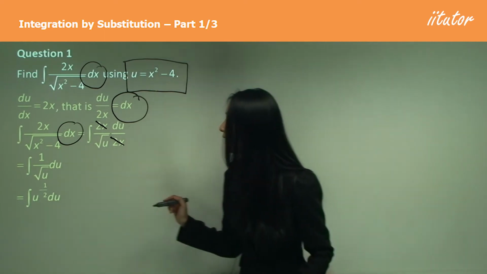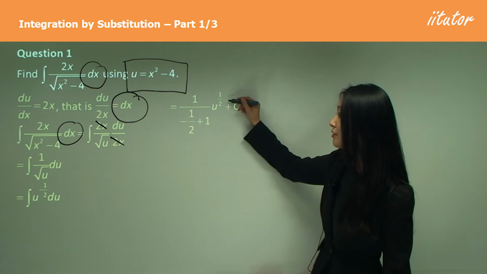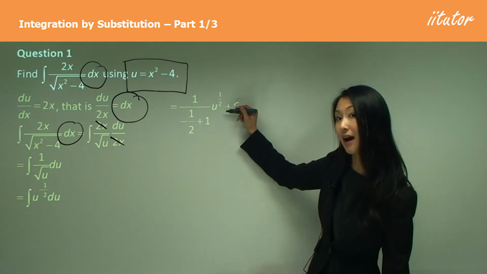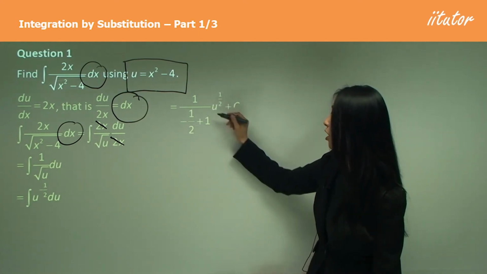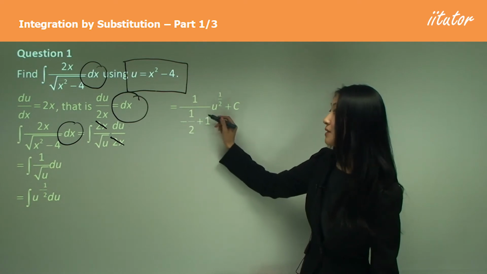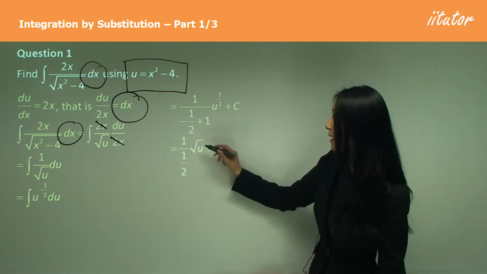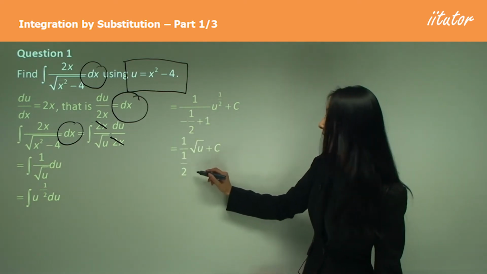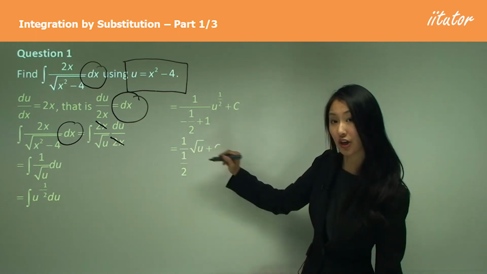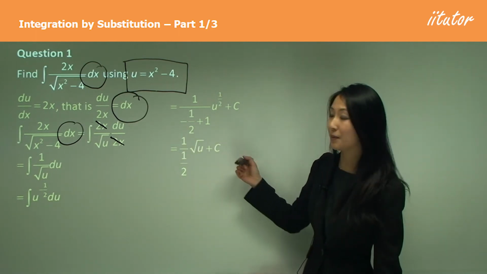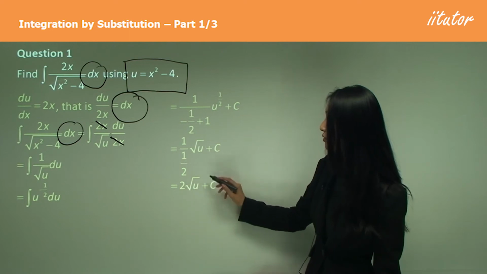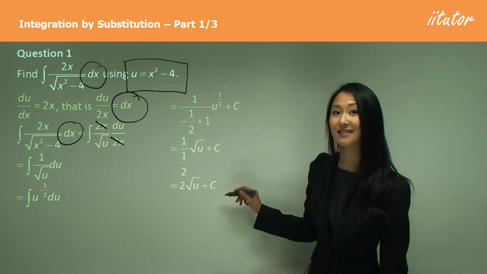And to integrate that, add 1 to my index, so that becomes 1/2, and add 1 to the index, which is just 1/2 as well. So that becomes 1 on 1/2, and the 2 just goes up to the top. So 2 times 1 is just 2, so 2 square root u plus c.